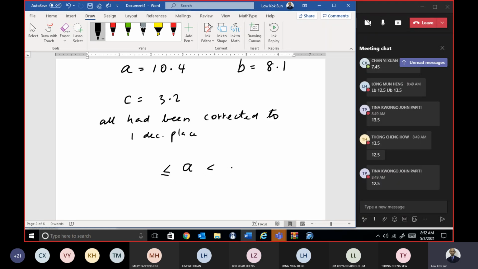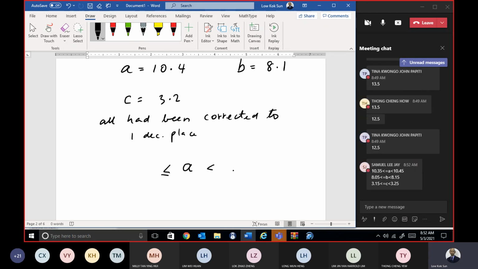Now, since we have seen many examples already, can I quickly put down the upper bound? Yes. What should the upper bound be? Yeah, Samuel has put in all the numbers already. So, 10.45.